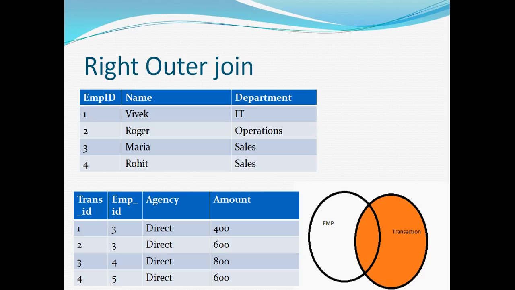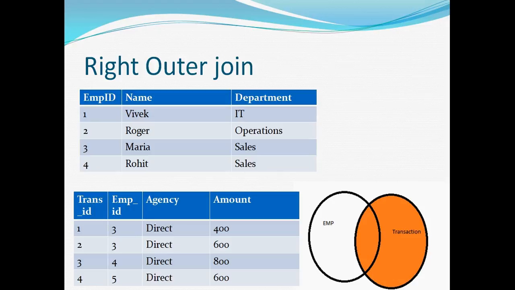Now we have a situation where we have the same two tables, the employee table and the transaction table. I, as the CEO of the company, want to understand the net revenue that I have earned. My transaction table contains the details of all the policies that are being sold this year, and I want the net revenue generated employee wise.